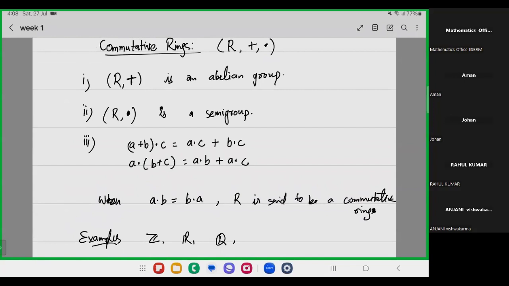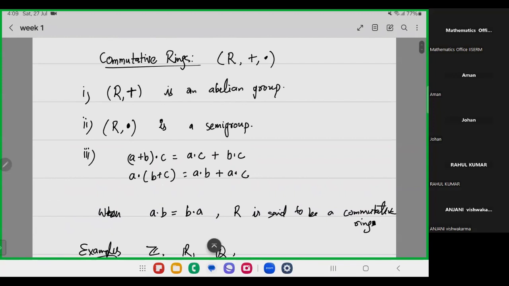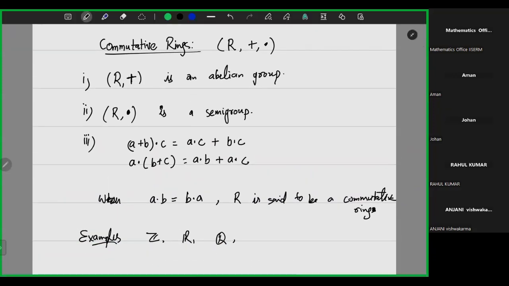So these are the properties if you recall from the classroom: R plus is an abelian group, and R dot is a semigroup. Semigroup just means closure property, and okay, let me write it here: closure property and associativity.